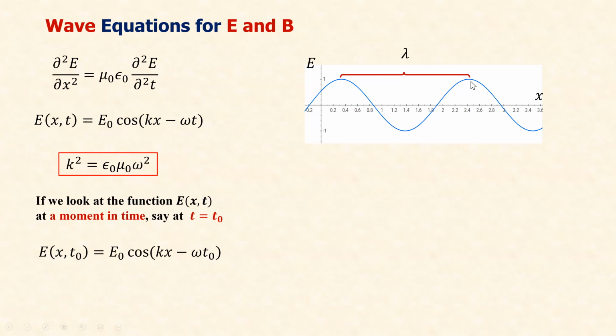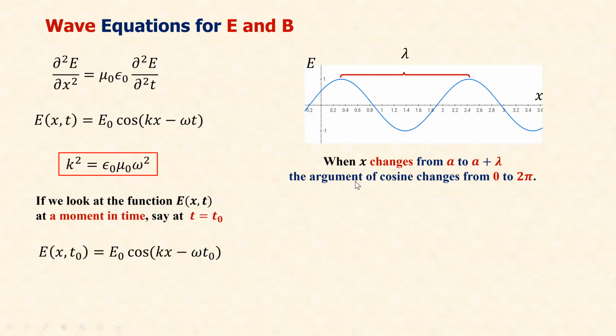And what is this wavelength related to anything that we have here? When x changes from a, this point, to a plus lambda, you see that this cosine function goes from +1 to -1 back to +1. So it means that the argument of cosine changes from 0 to 2 pi.